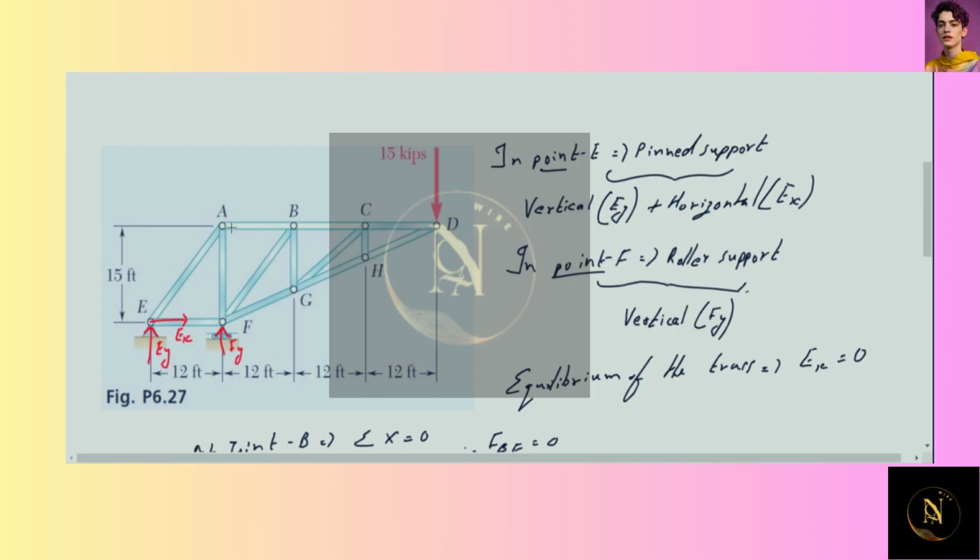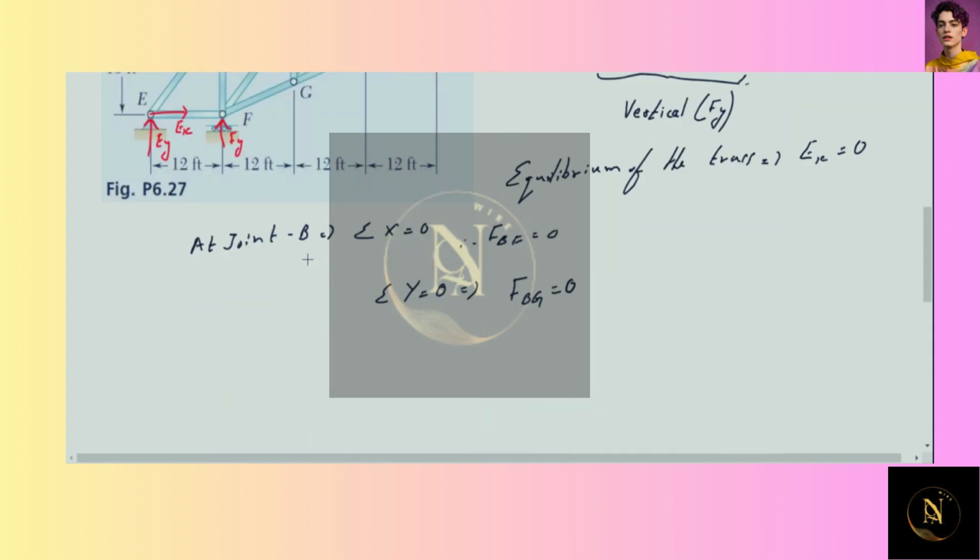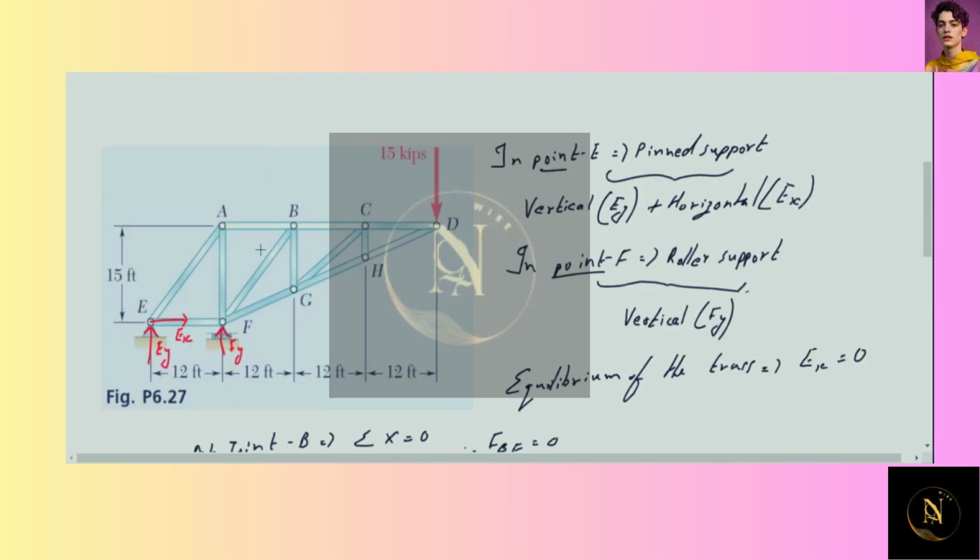So when we consider the first one, AB and BC are collinear, so FBF equal to 0. Then when we consider along Y direction, FBG equal to 0. So these joints have two collinear members, AB and BC.